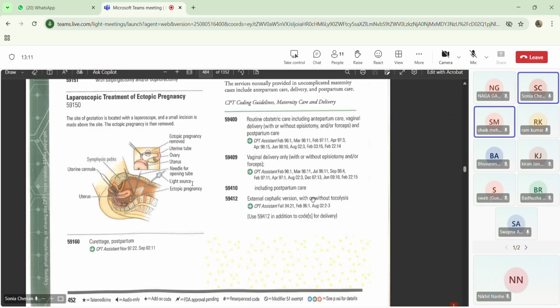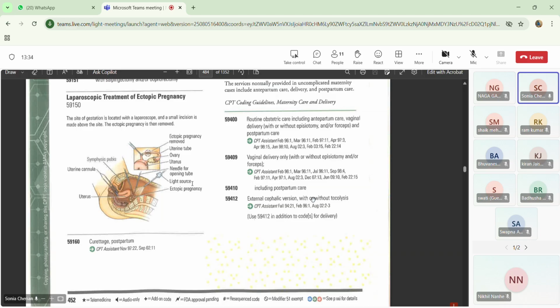Postpartum is after delivery, the puerperium period, after the cesarean delivery. So once a patient delivers a baby, until 6 weeks, it is considered as postpartum.